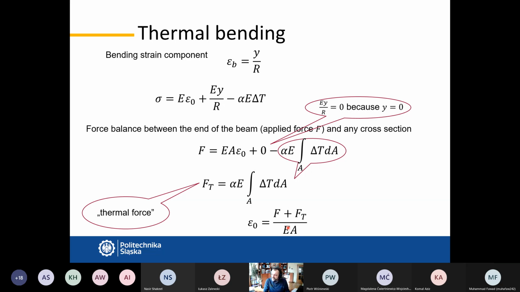In the previous case the moment was 0, due to the symmetrical temperature distribution the moments cancel out. Forces above the center line and below the center line produce the same moment, and the moment was always 0.